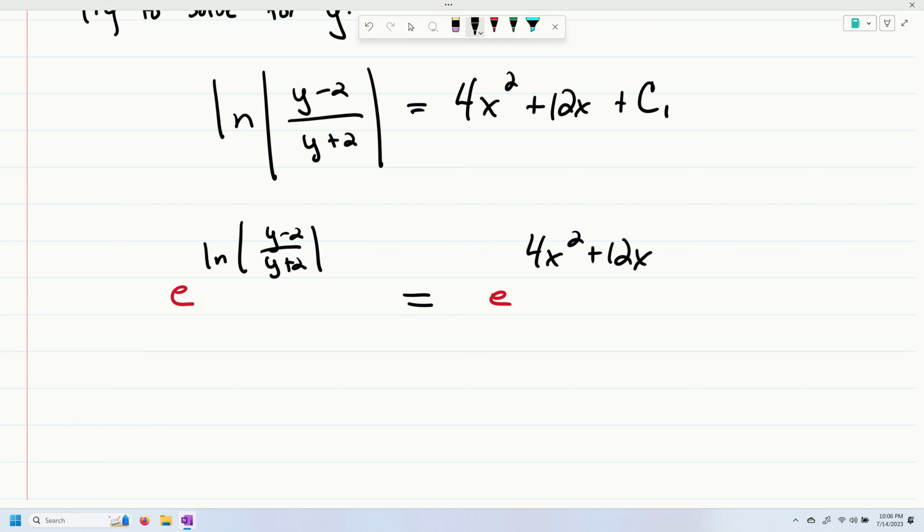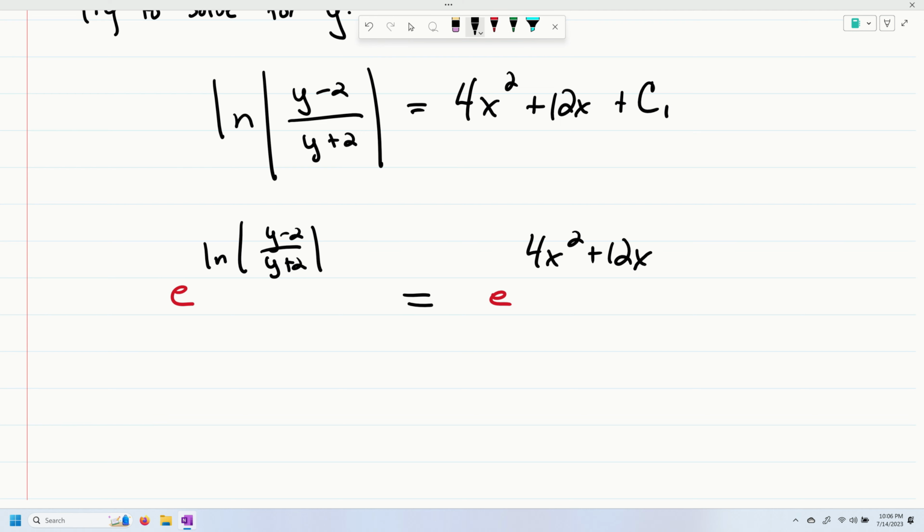We're going to keep these two together, and we're going to separate out that plus c1. So on the left-hand side, we end up getting the absolute value of y minus 2 over y plus 2 equals c2 e to the 4x to the second plus 12x, where c2 equals e to the c1.